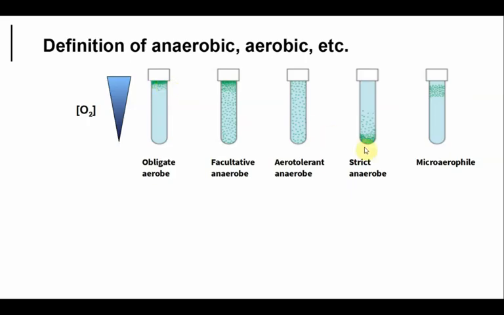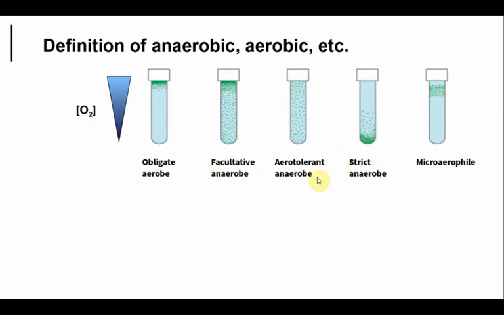At the opposite end of the scale, if bacteria only grow down here, they are strict anaerobes. They can only grow where there is no oxygen. They cannot grow if oxygen is present. And between these two extremes, there are different situations.